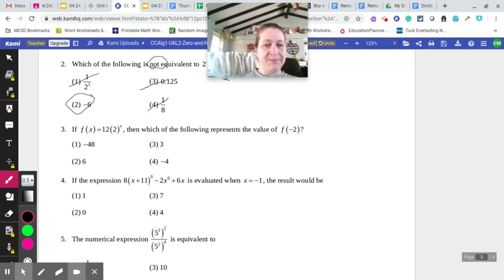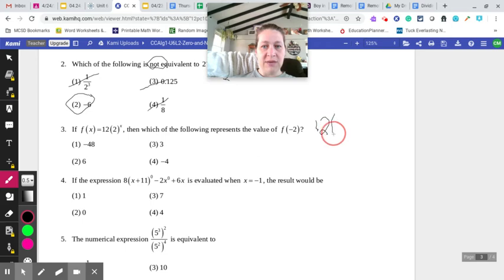For number 3, it says if f of x equals 12 times 2 to the x, which of the following represents the value of f of negative 2? So wherever I have that x, I'm going to put in a negative 2. So 12 times 2 to the negative 2.